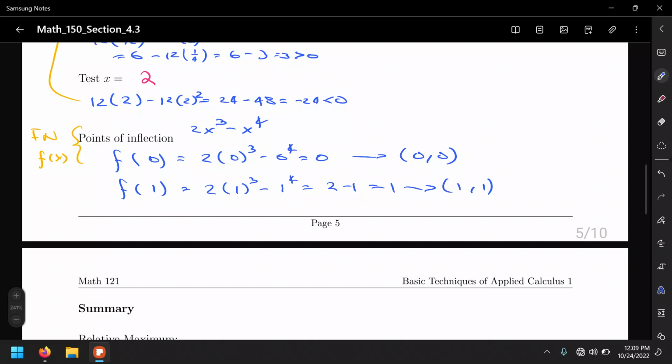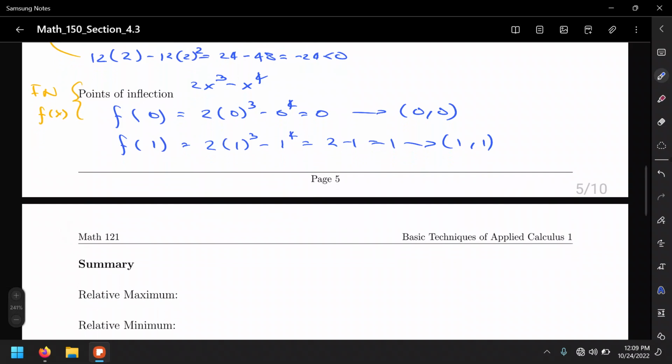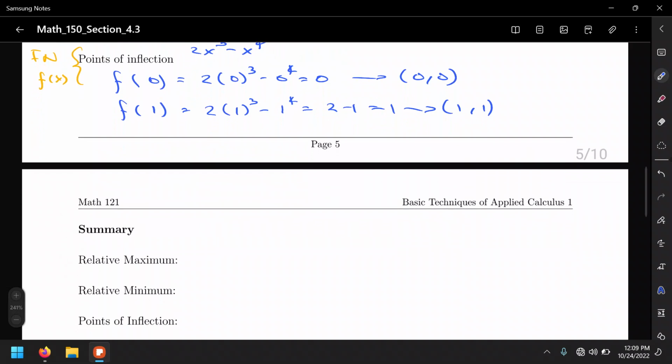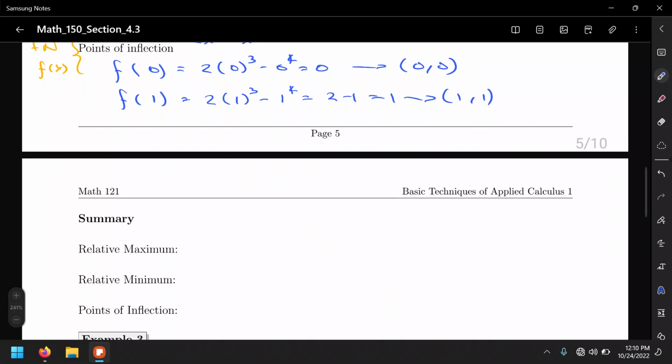All right. How about we do a summary? Because we will be working with these exercises for a while, I think it's worth looking at a summary. In the summary, I will just include the relative extrema, that is relative max and relative min, and points of inflection, if any.